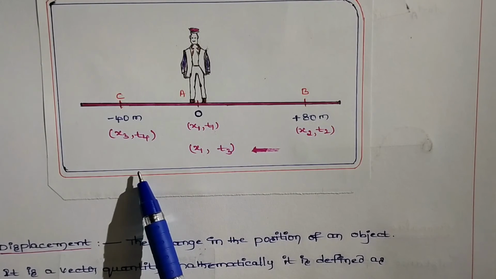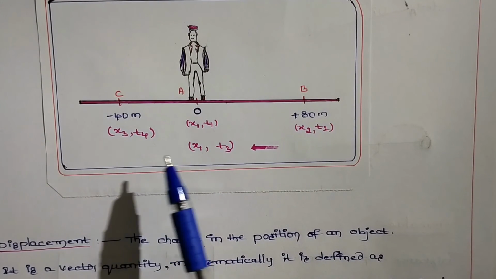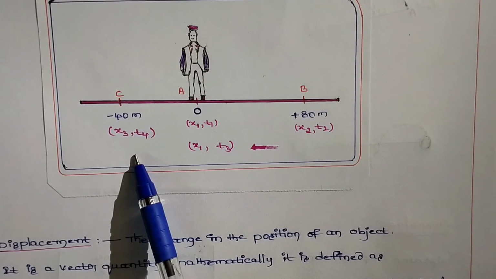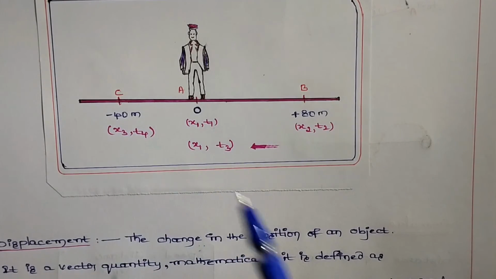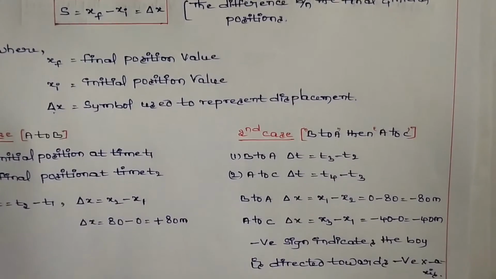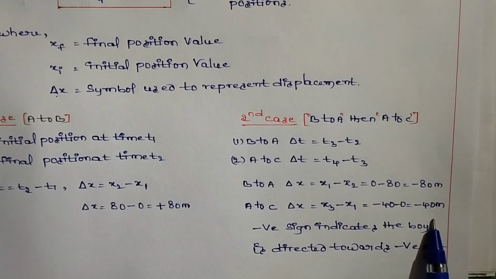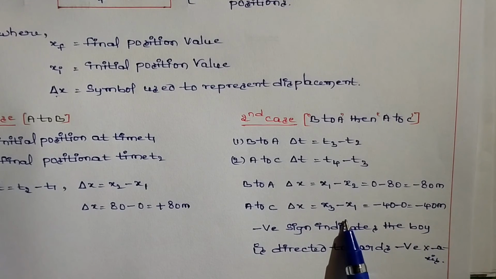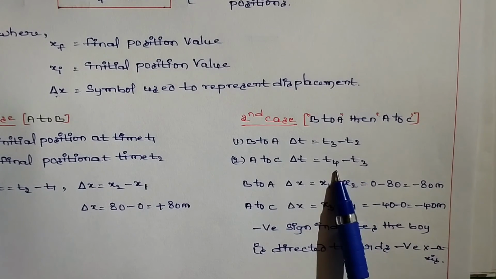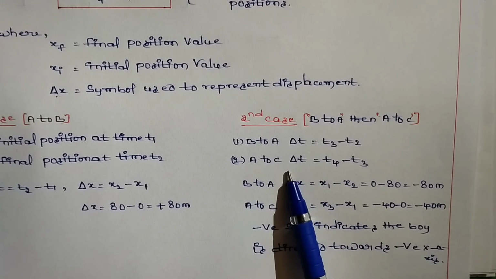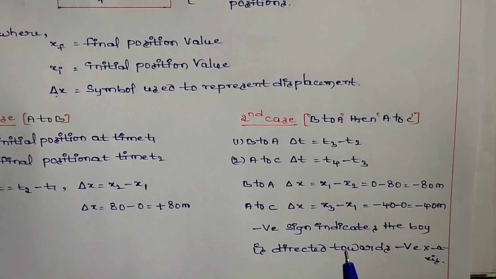So we will get minus 40 meters, in time T4 minus T3, from A to C. The negative sign indicates that it is directed towards the negative x-axis.